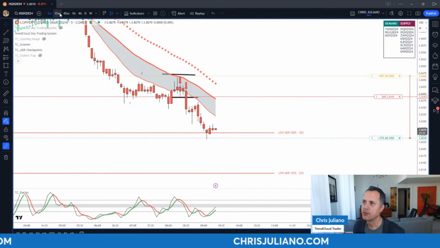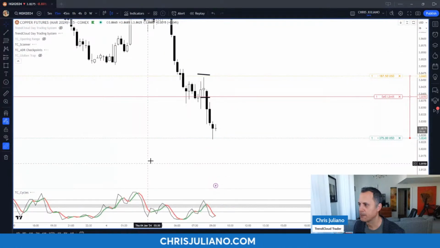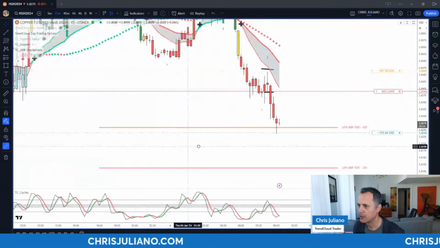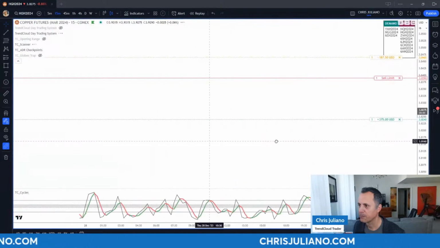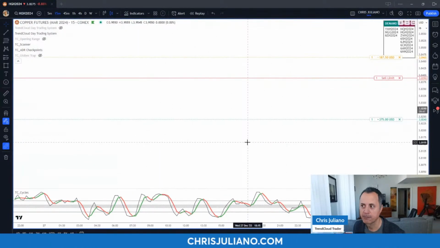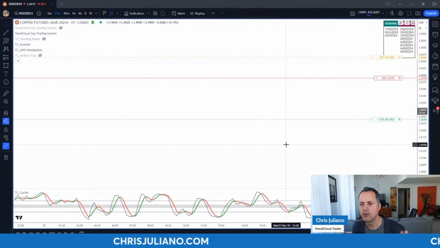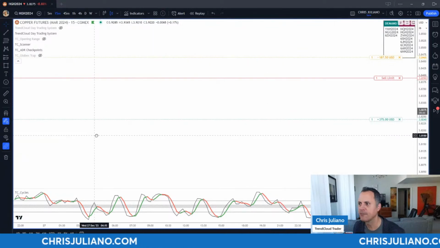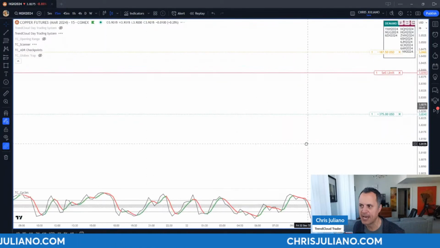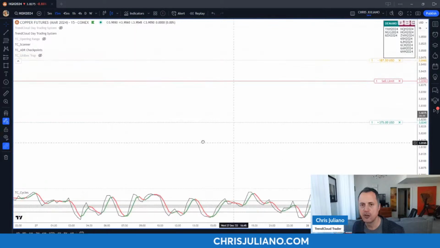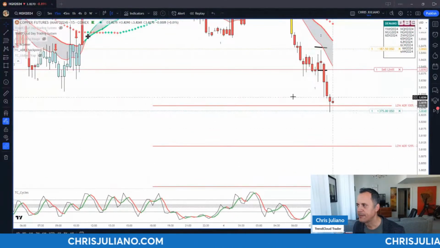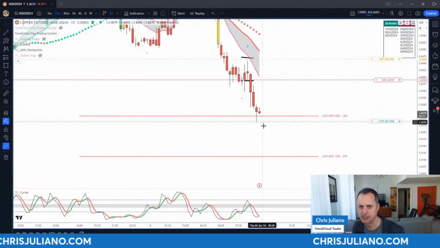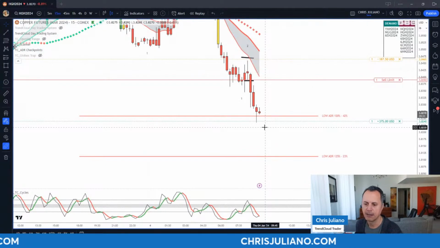If we jump over to the 15-minute chart and look left, there's nothing there. When you don't have any structure, when you have to scroll all the way back and there are no candlesticks and no structure, these types of targets come in handy very well.